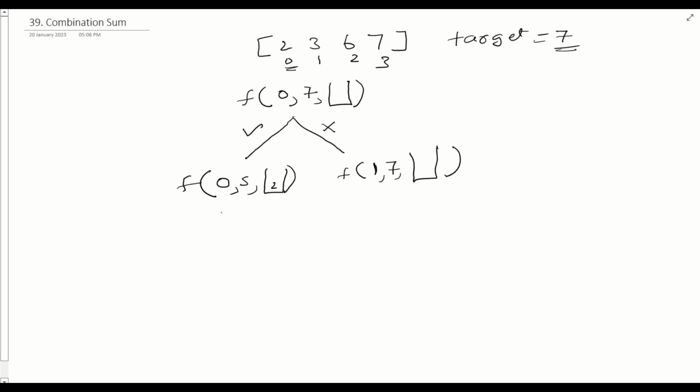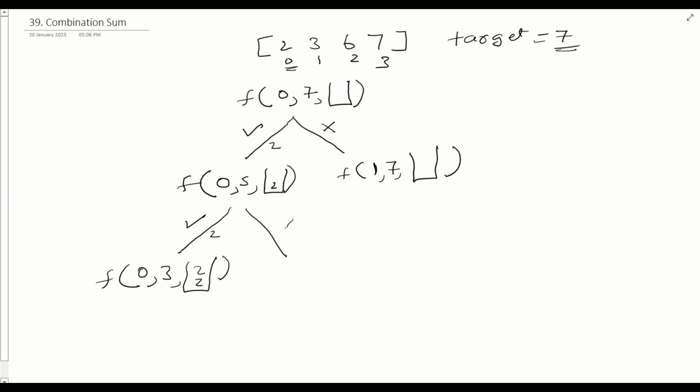Again over here we will have two conditions, whether to pick the 0th index or not pick. So let's say we pick the 0th index. In this case it will be 0, 5 minus 2, because again 2 is coming from here. So 5 minus 2 will be 3, and our data structure will look like this, 2 2, right?